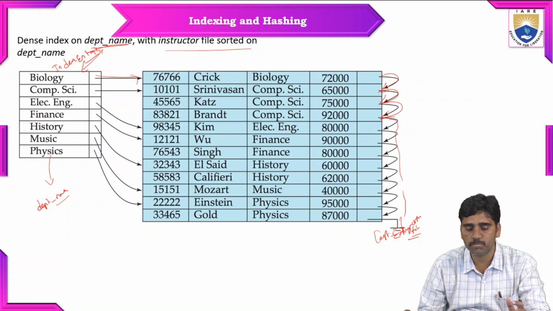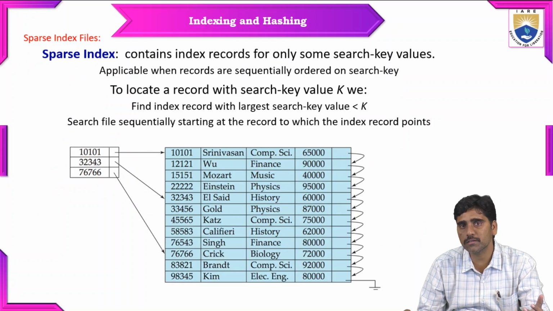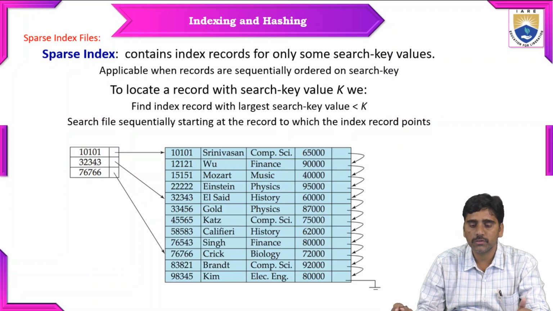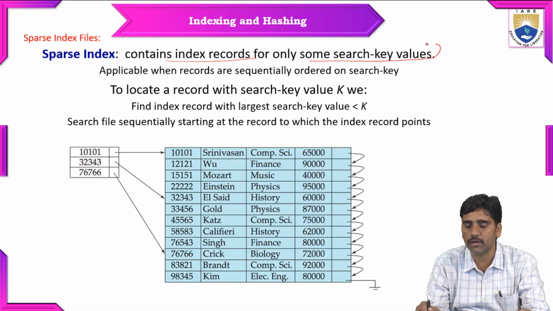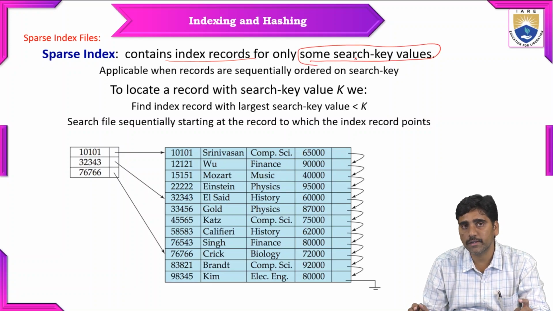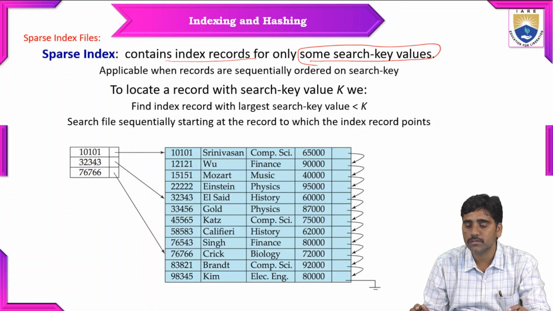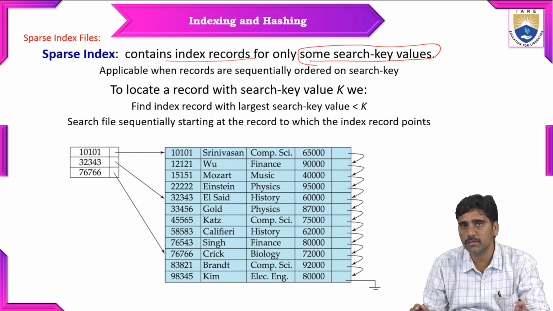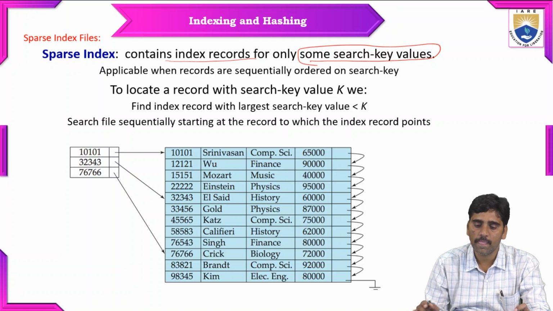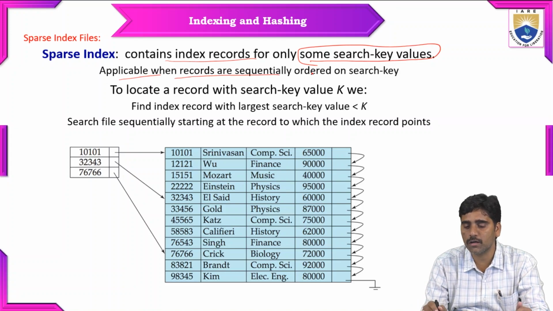Of the file. The next is sparse index files. So it contains index records for only some search key values. It is applicable when records are sequentially ordered on the search key.